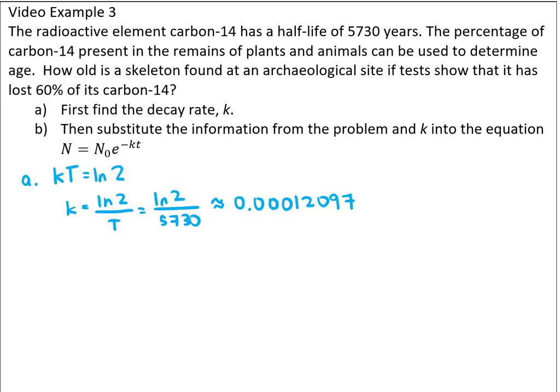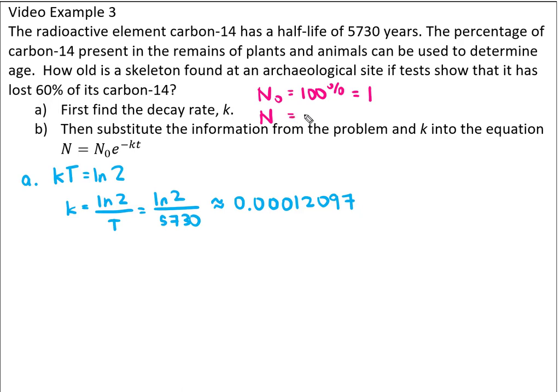Alright, now that we solved for k, we can use it in our formula to figure out how much we've lost. Now, we're assuming we start off with 100% of the carbon-14. So the initial amount is going to be 100%. In other words, that's going to be 1. But then, how much are we going to have after I've lost 60%?